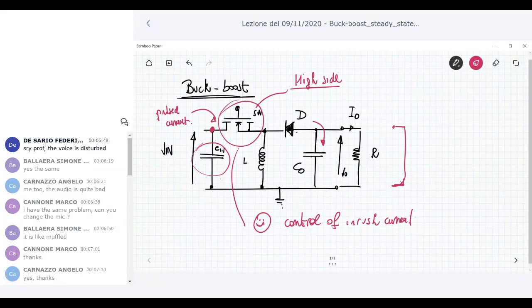The voice is disturbed. I don't know what to say because I'm completely alone here. The audio is quite bad. I can speak louder, but I think this means I have something wrong with my equipment. I don't know what to do.